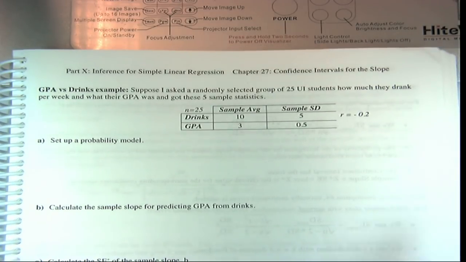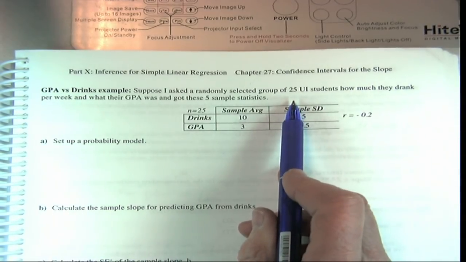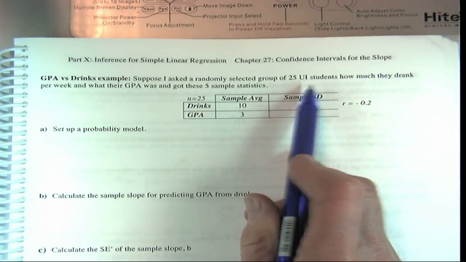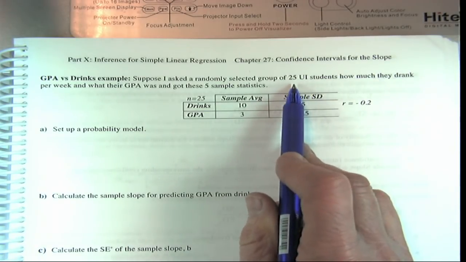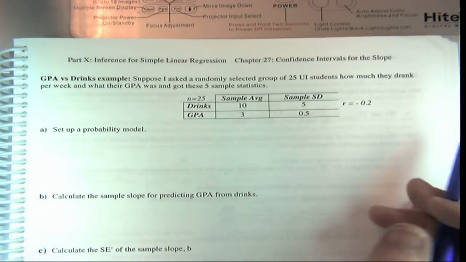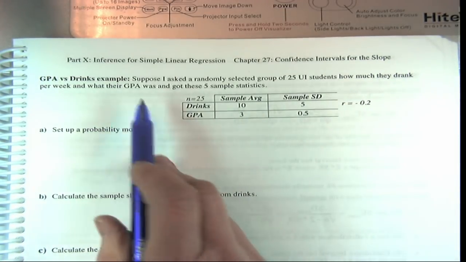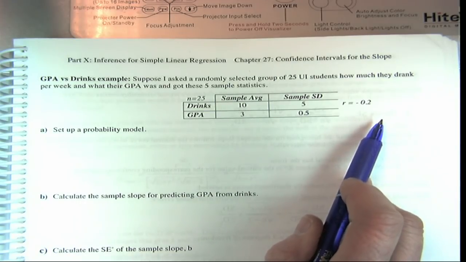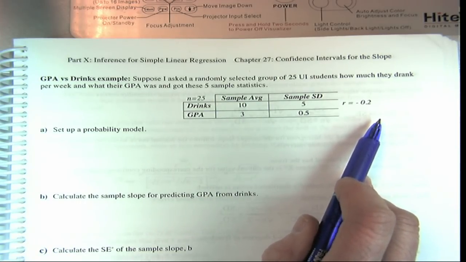So suppose we asked a randomly selected group of 25 U of I students. I asked you guys, and we got a slightly negative correlation. Let's see if we asked 25 U of I students how much they drank per week and what their GPA was, and got these 5 sample statistics. We can't sample all 28,000 undergrads, so we want to get an idea about it.